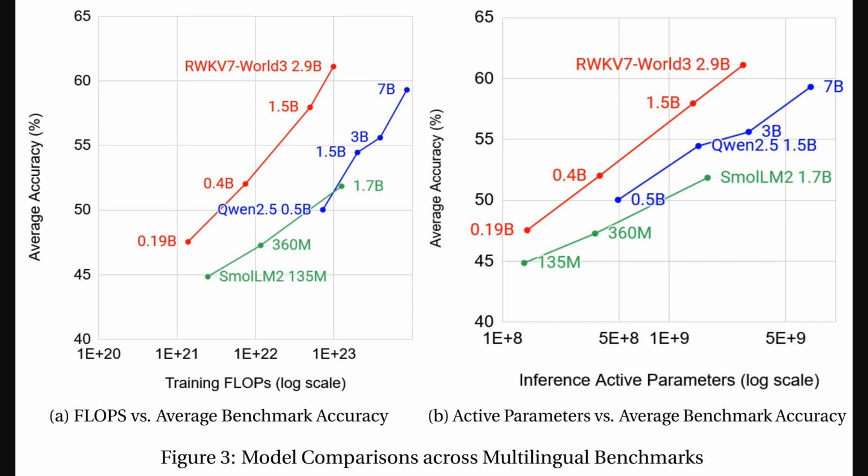Then, the chart on the right tells a similar story for inference. It compares accuracy to active parameters, which relates to how much work the model does to generate a response. Here too, RWKV-7 delivers better accuracy for a similar computational cost. This shows its superior efficiency in both training and inference.